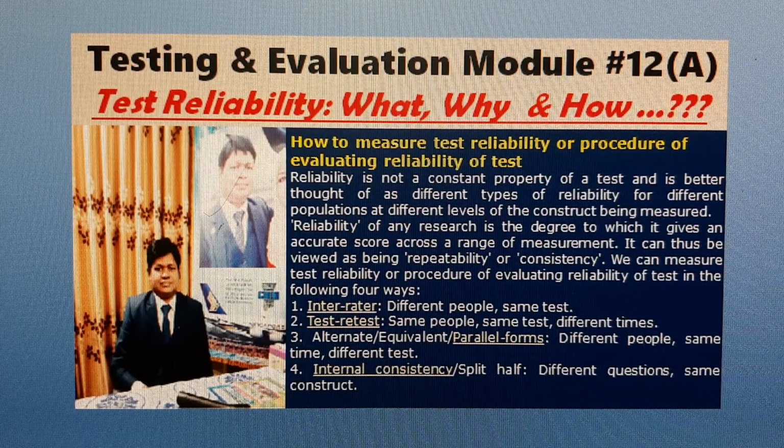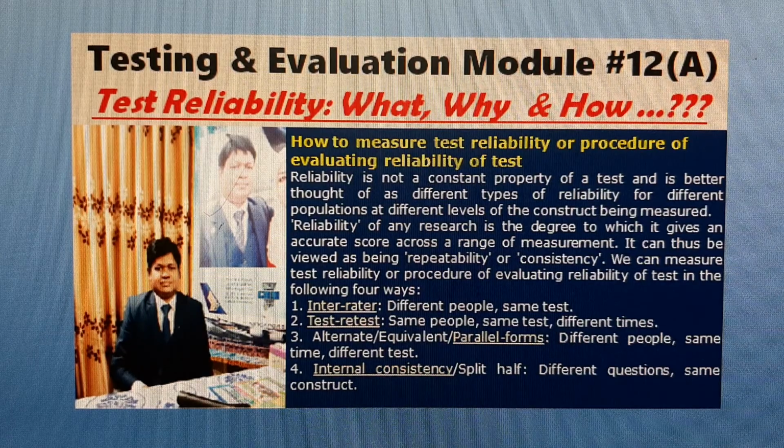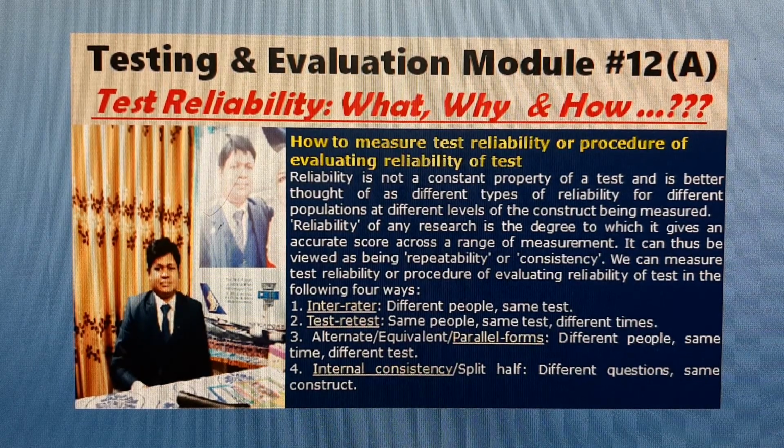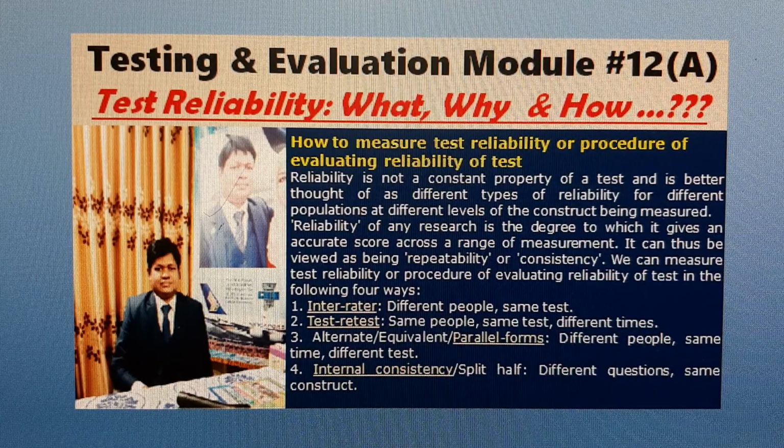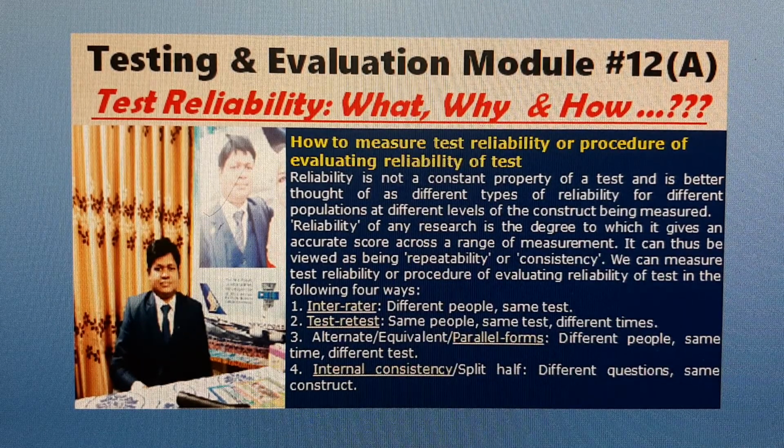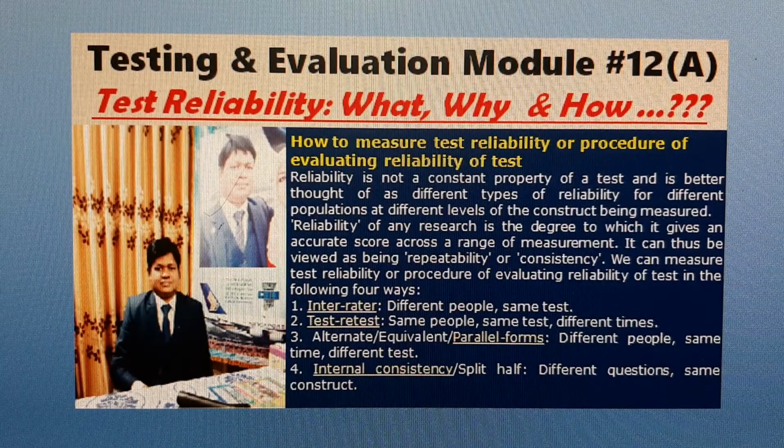We can measure test reliability in the following 4 ways. Number 1, inter-rater reliability. Different people, same test. Number 2, test-retest reliability. Same people, same test at different times.